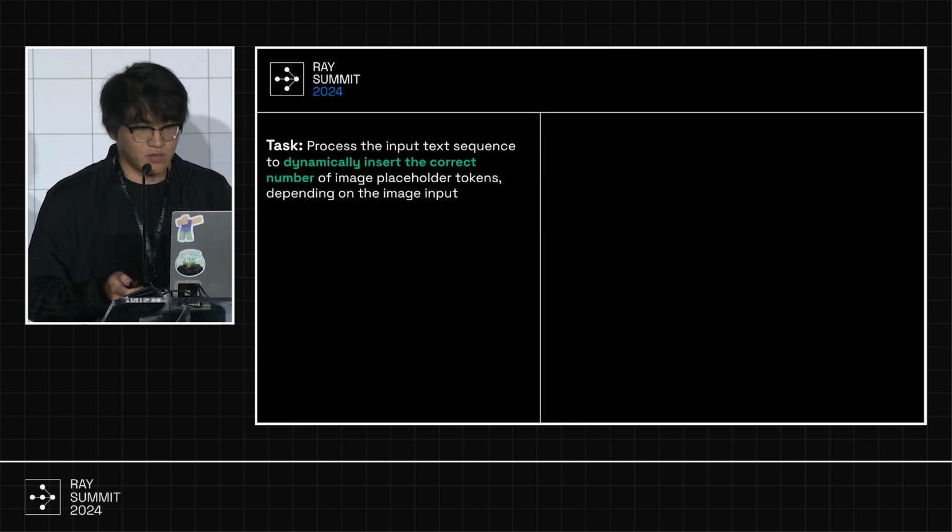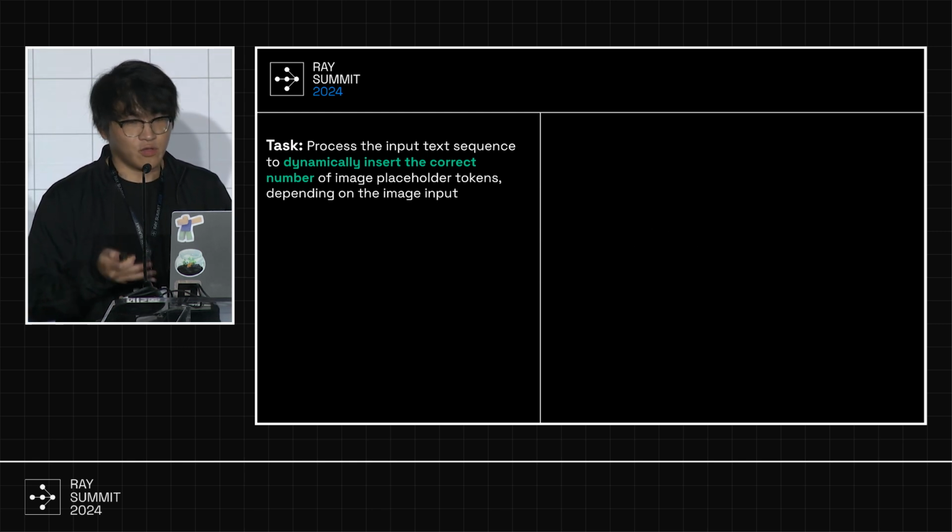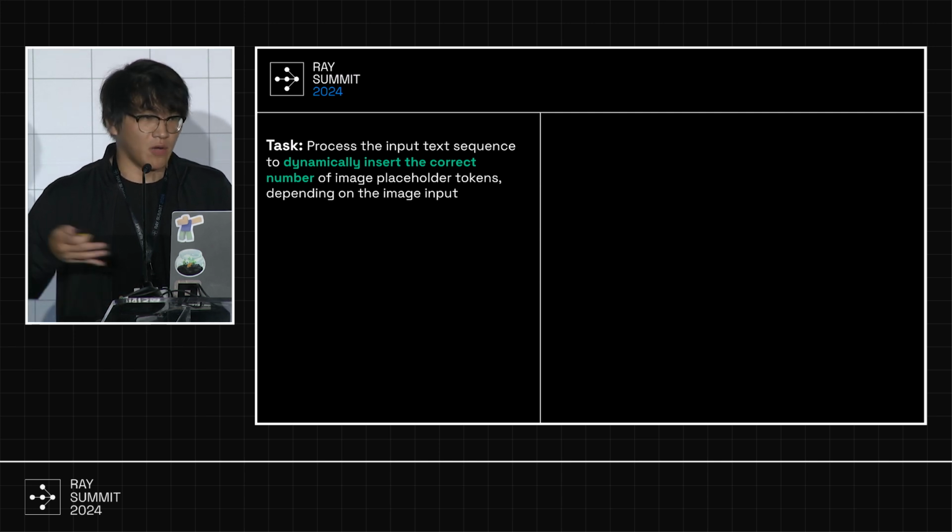The main task here is that, depending on your input payload, you have to pre-process the text sequence dynamically and insert the right number of image placeholder tokens, because that's how we swap them with the image embeddings at model execution time.